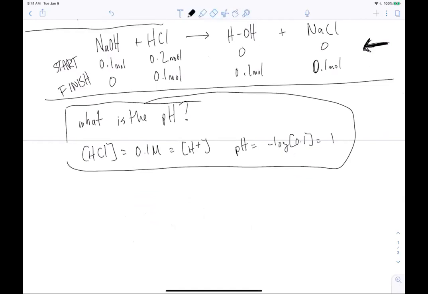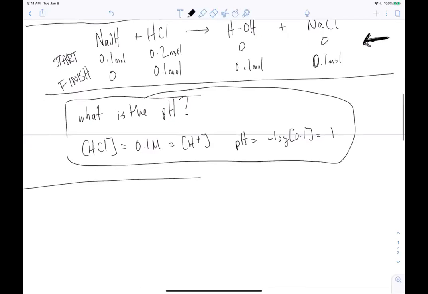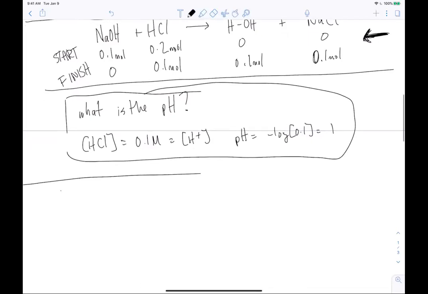Okay, so then you can run into these other types of problems, where you're dealing with weak acids or bases. For weak acids or bases, things get a little messier.